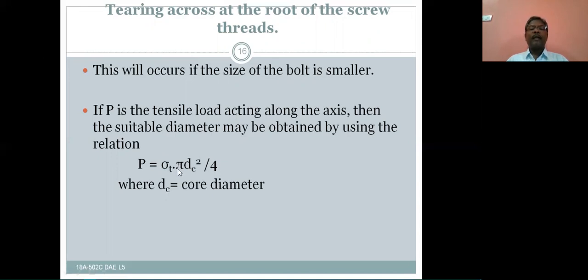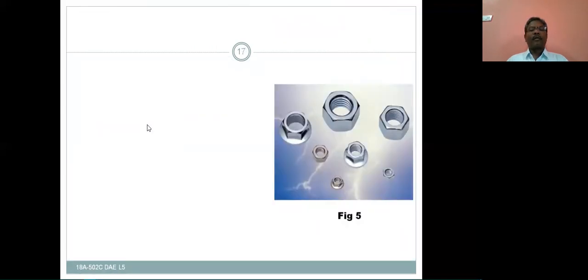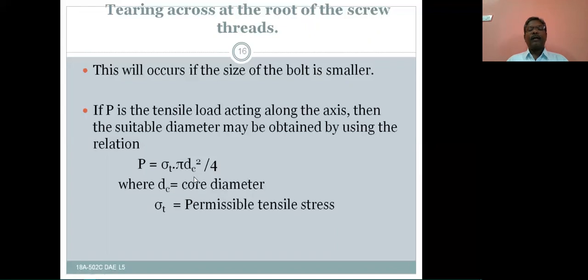This is the core area, whereas sigma T is the tensile stress, where dc is the core diameter and sigma T is the permissible tensile stress, and P is the tensile load. So this is tearing across the root of the screw thread.